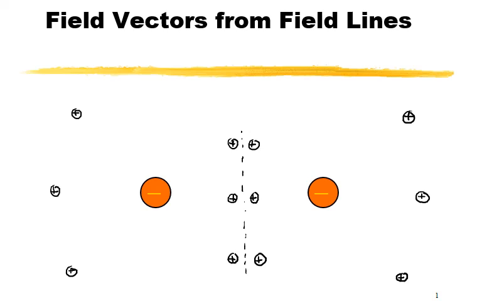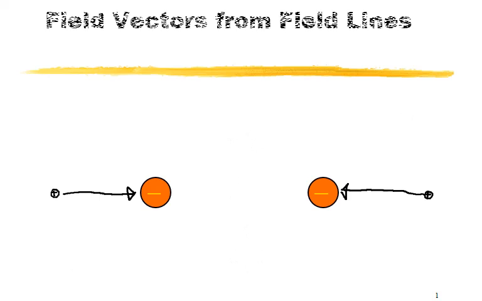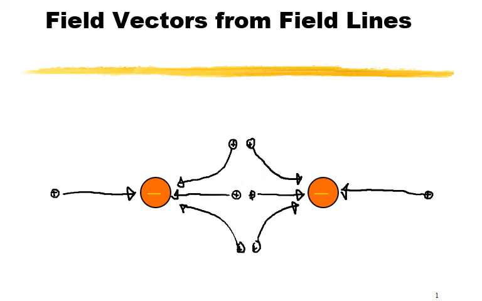Okay, so we could try each of these, one at a time. Some are a little bit easier than others. The ones that are flat across the horizontal here are pretty straightforward. We've got this one coming in, the other one coming in. These two would go straight out.